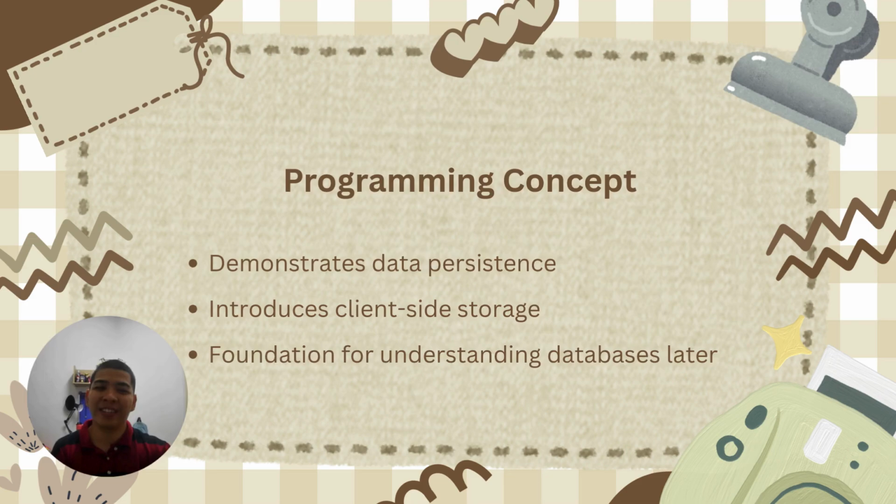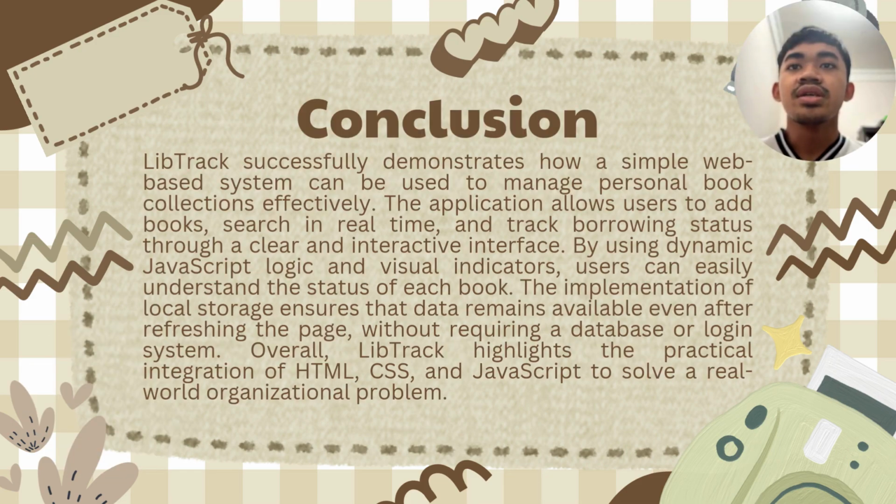That's all. So for the conclusion, LibTrack successfully demonstrates how a simple web-based system can be used to manage a personal book collection effectively. The application allows users to add books, search in real time, and track borrowing status through a clear interactive interface. By using dynamic JavaScript logic and visual indicators, users can easily understand the status of each book.